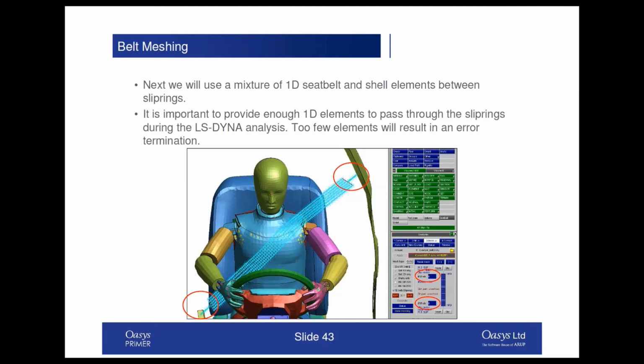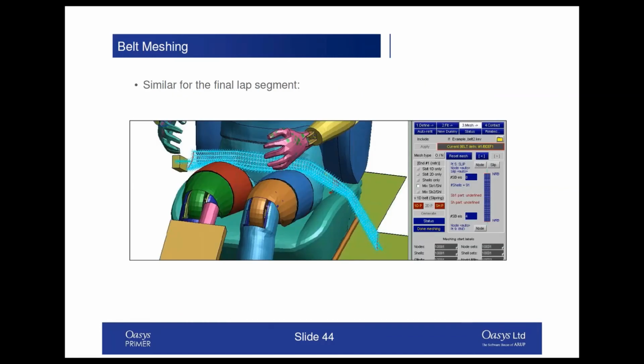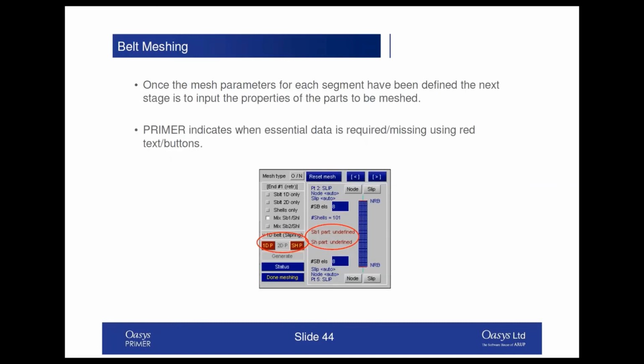In this example I changed it to 8 to be a little bit more conservative. And then similarly for the lap, the final lap segment, I've changed it to 8 on the buckle slip ring. You can see that in the box more clearly now. And then at the end segment at the floor, I've left that as 4 because I'm not worried about those passing through any slip rings or into a retractor.